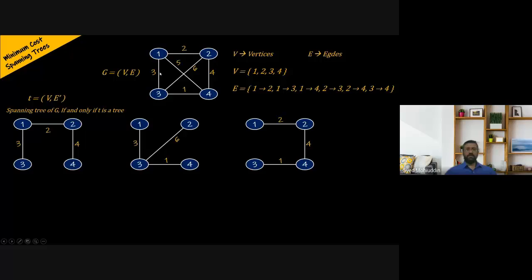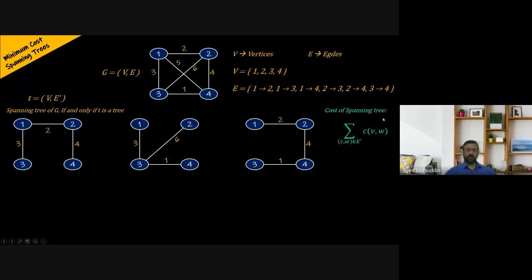So once we have the weights or cost on the edges, the cost of each spanning tree will be the sum of the cost of the edges which belong to the spanning tree, not the cost of all the edges of the graph.